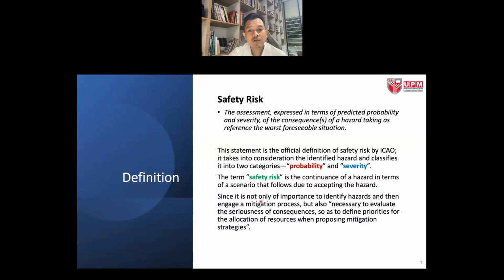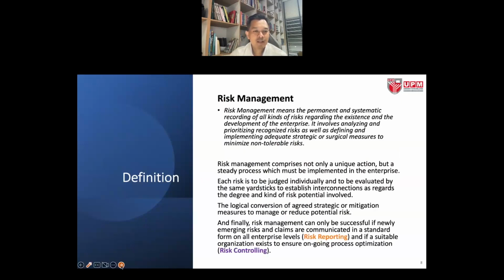So since it is not only important to identify hazards and then engage a mitigation process, but also necessary to evaluate the seriousness of the consequences, so as to define priorities for the allocation of resources when proposing mitigation strategies. Okay, so this is what we call the safety risk.